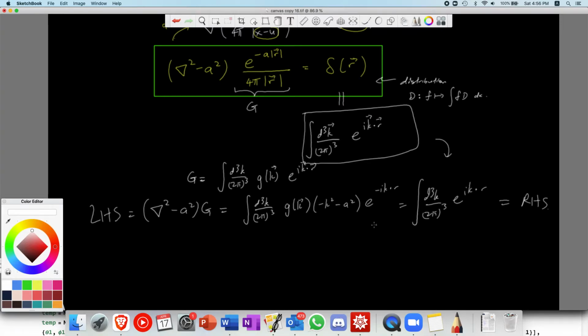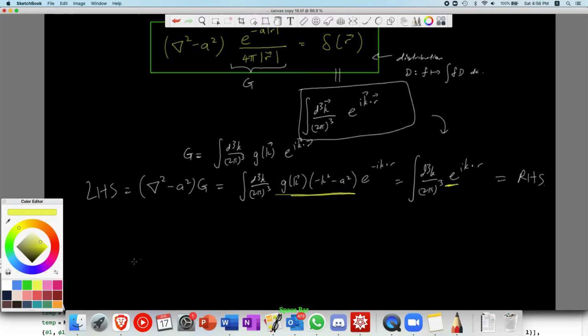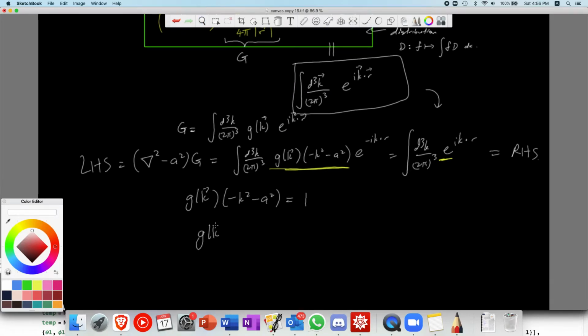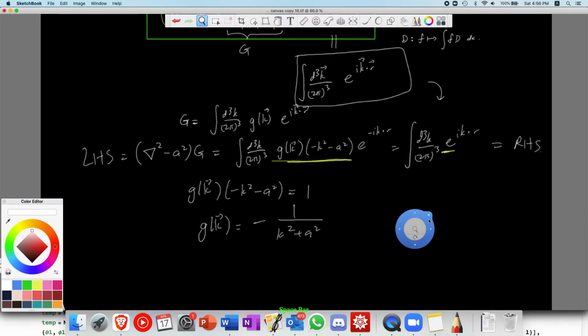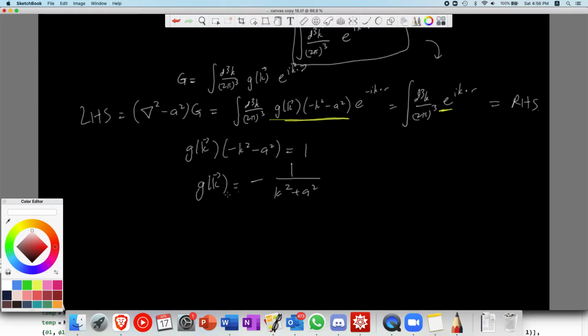If we want this left hand side to equal the right hand side, we substitute it back in: d3k over 2 pi cubed e to the power of i k dot r. What do we notice? We need this part and this part to be the same. In other words, g of k times minus k squared minus a squared equals 1, and g of k equals minus 1 over k squared plus a squared. Now we have a Fourier expansion of the Green's function.